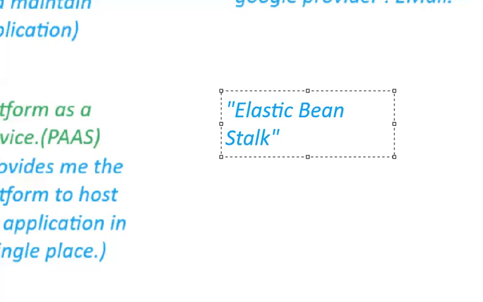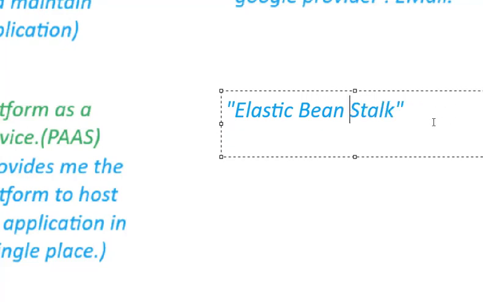If the client asks what is this Elastic Beanstalk, you can say it provides everything in a single platform, from servers to databases, everything. If you ask me for a domain name, it will be there. So this is one of the AWS services which we are going to use as platform as a service in AWS.